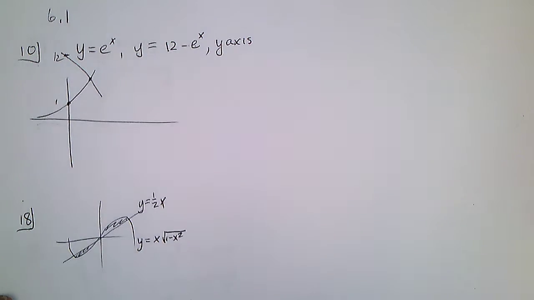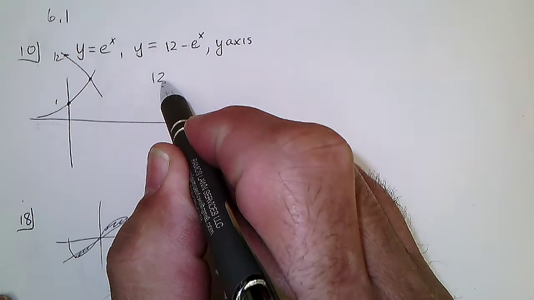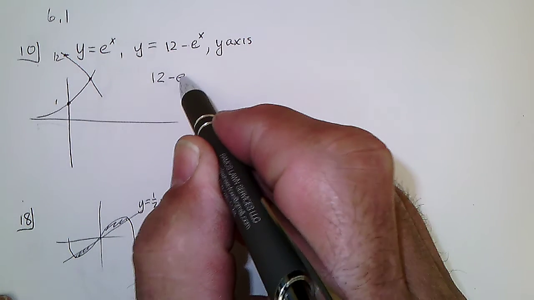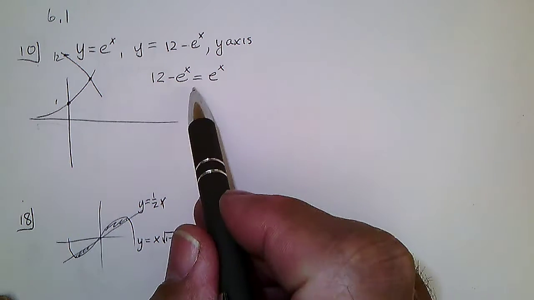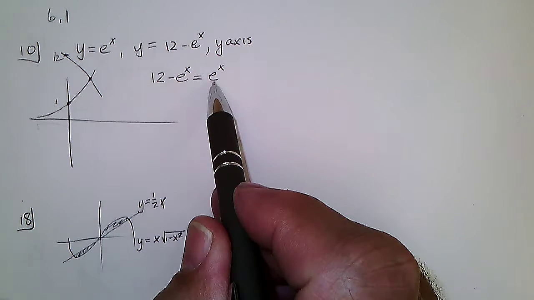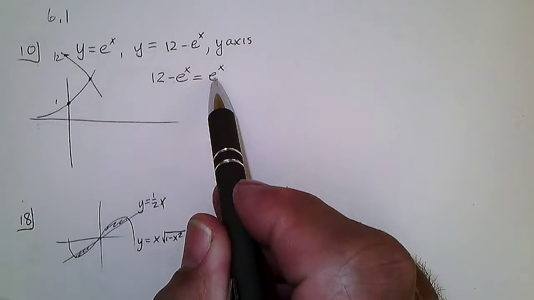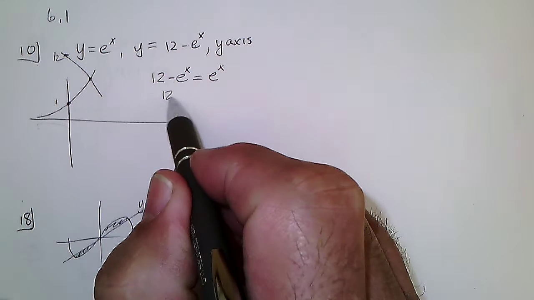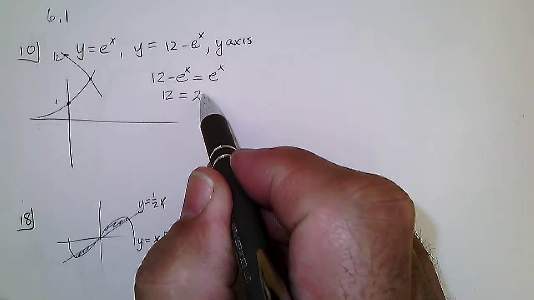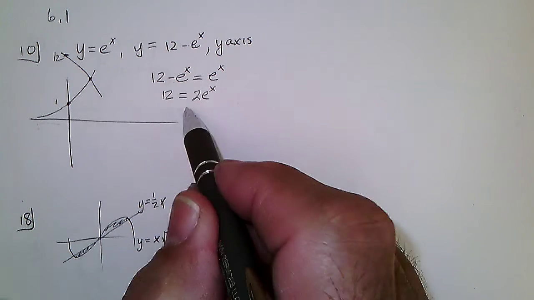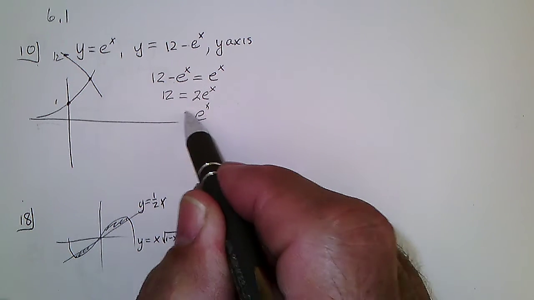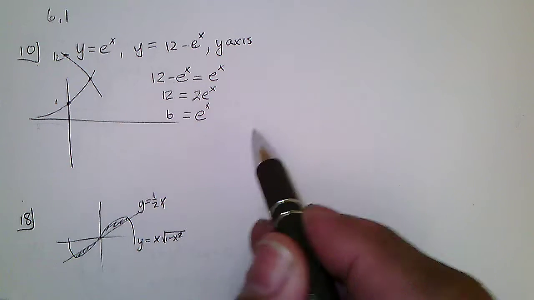And they're going to intersect out here someplace where 12 minus e to the x equals e to the x. If I solve this by adding e to the x to both sides, I get 12 equals 2e to the x, divided by 2, and I get e to the x equals 6.